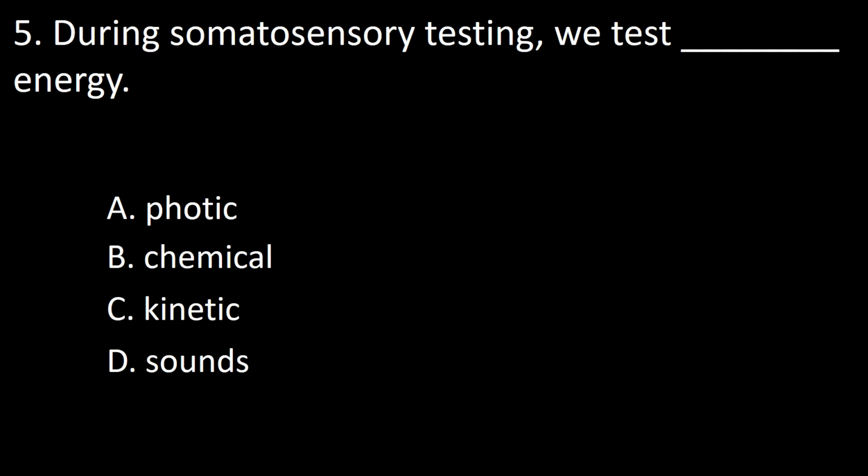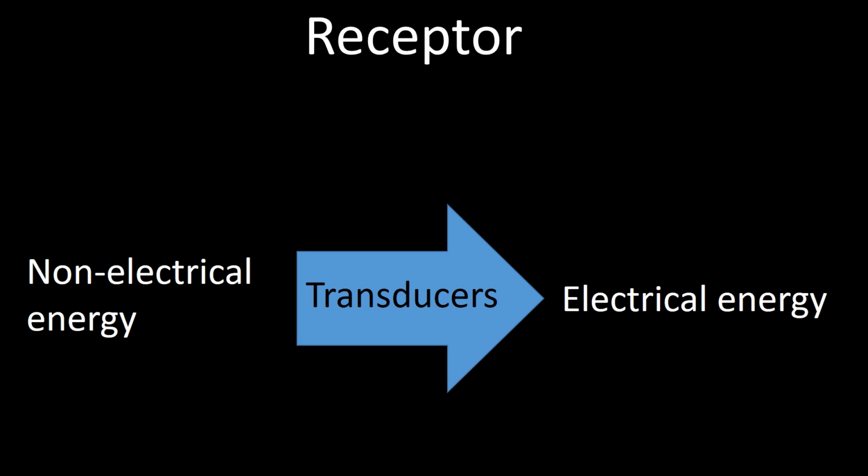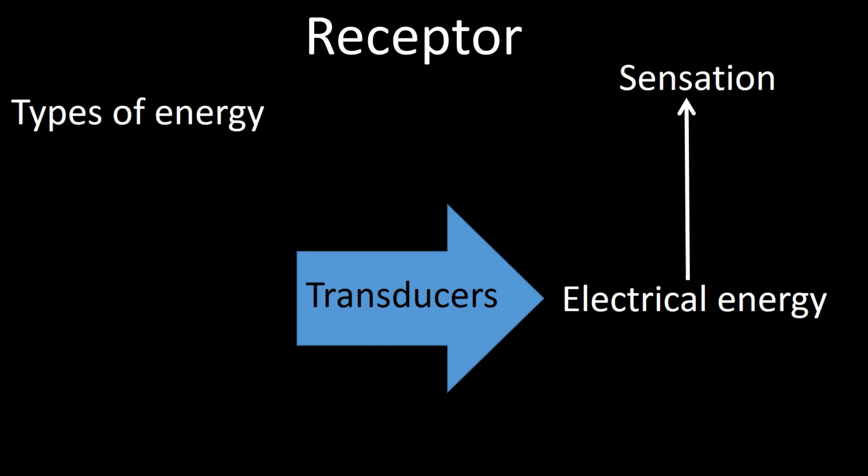Next question. During somatosensory testing, we test dash energy. A. Phonic. B. Chemical. C. Kinetic. D. Sounds. A receptor is a transducer that converts non-electrical energy into electrical energy, the currency of the nervous system, leading to sensations.